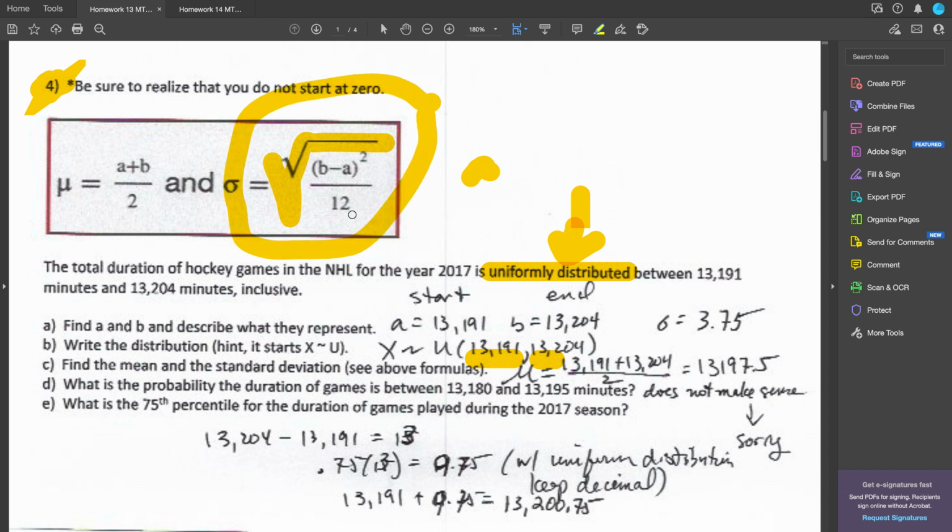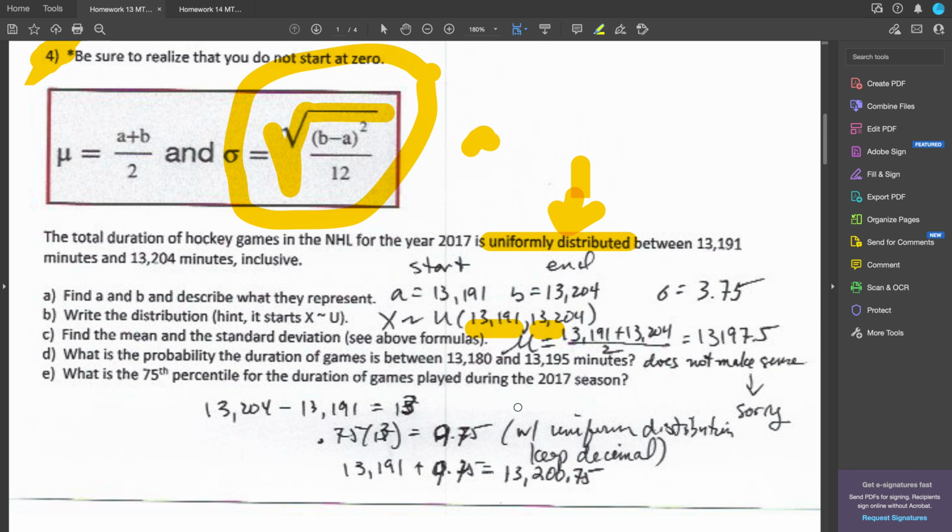It says to divide by 12. So I do the highest number, that's what B is, minus the lowest number, that's what A is. Get that difference, square it. Then I divide it by 12, and then I square root that answer because I apologize for the book's lack of clarity, but it's square root everything, okay? And that would give you 3.75 when you're done with that.